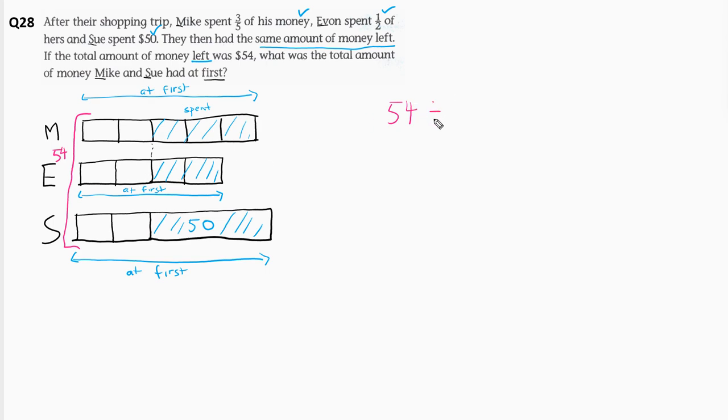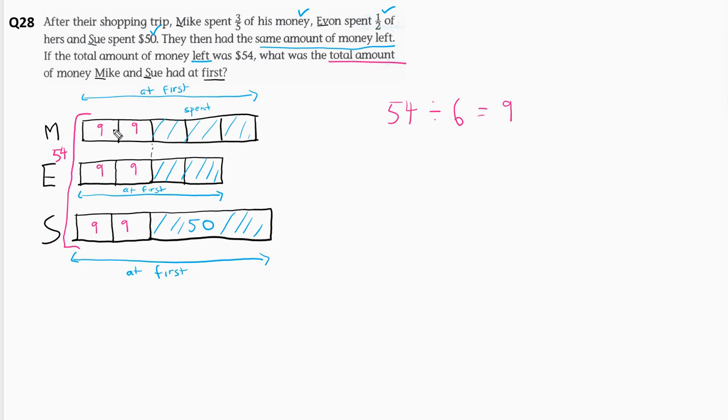If we divide 54 by 6, that's going to give us 9. That's giving us the value of each of these parts. Now, back to the question: what's the total amount of money that Mike and Sue had at first?